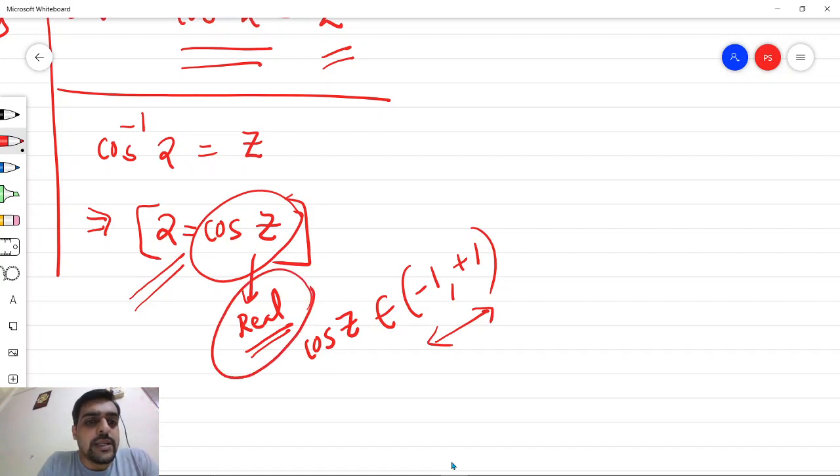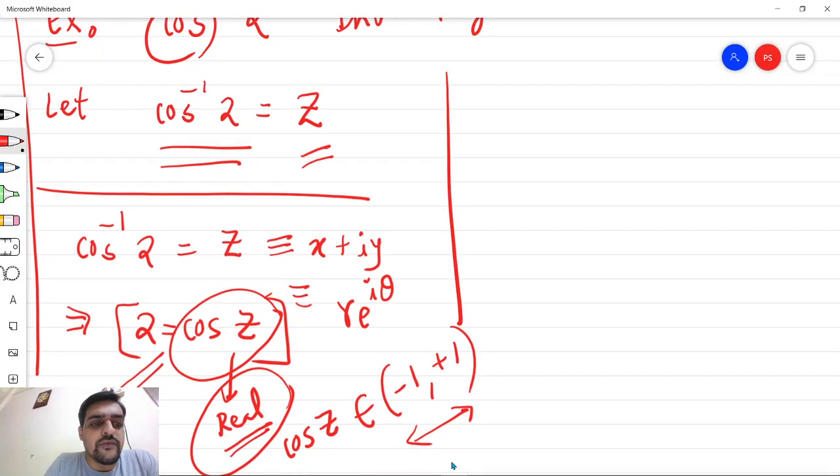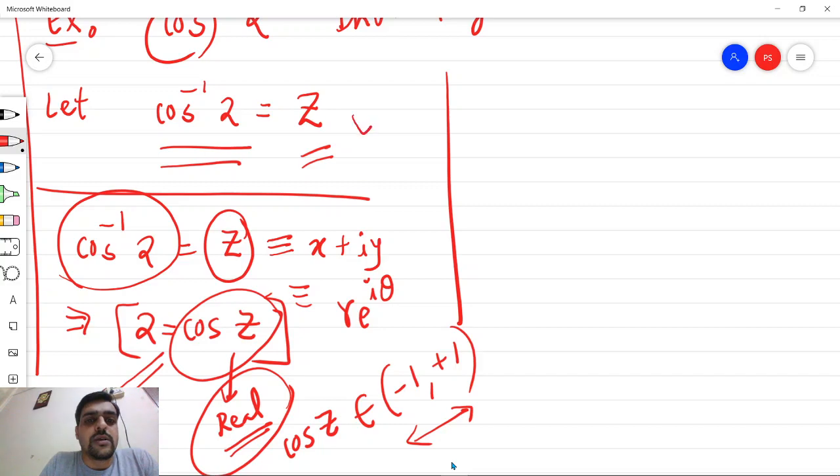So we should be able to express it in terms of either x plus iy or r e raised to i theta. So long story short, we need to find out the value of z, which will necessarily be the value of cos inverse of 2, which we are trying to find out.